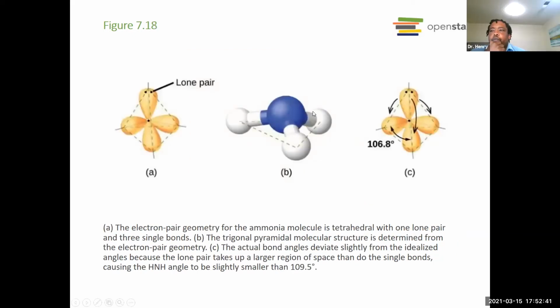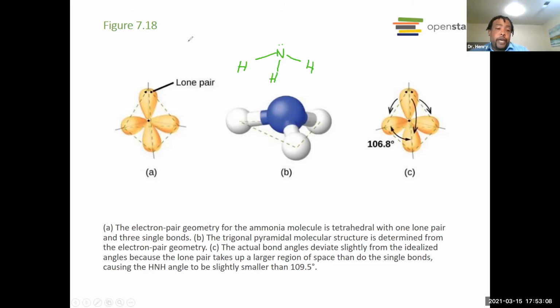Okay, so here we're going to be looking at ammonia. If we draw the chemical, well, this is basically showing you the shape of ammonia, but we know the Lewis dot structure for ammonia is this.